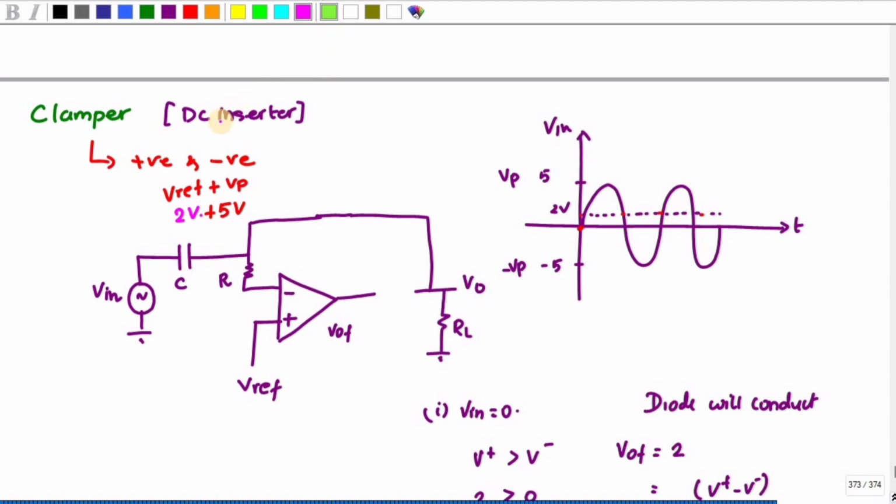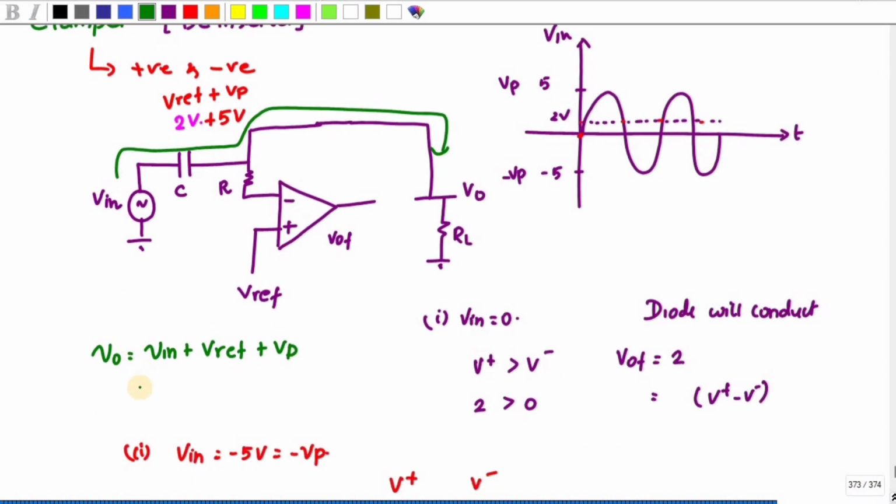So what is the value now at V0? Whatever the value here, it will reach the output. V0 is equal to V in plus V reference plus VP. V in value is 5 now, V reference is 2, plus 5, so it is 12 volt.